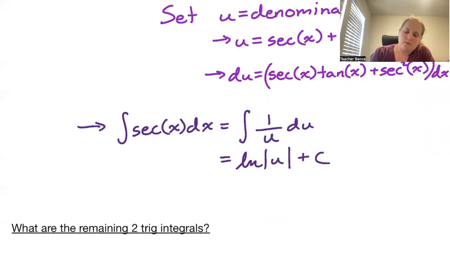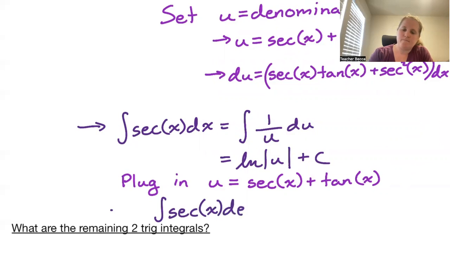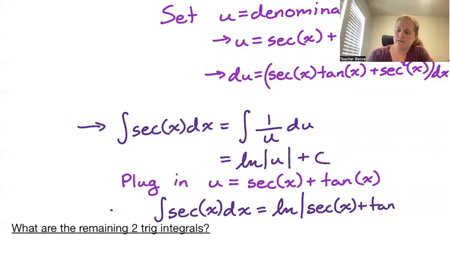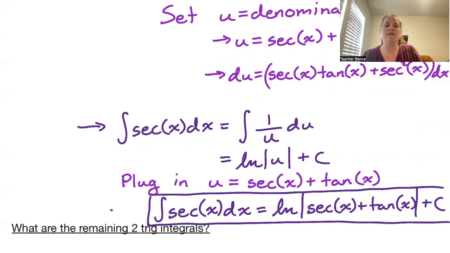Then if we plug in u equals secant x plus tan x, we wind up getting our formula: the integral of secant of x dx is equal to natural log of the absolute value of secant of x plus tangent of x, plus c. So there's our formula for the integral of secant of x.